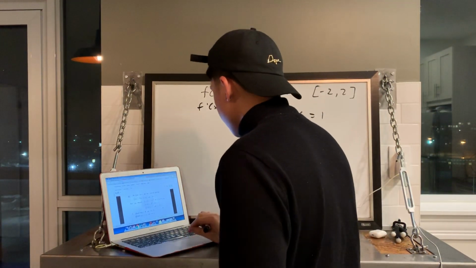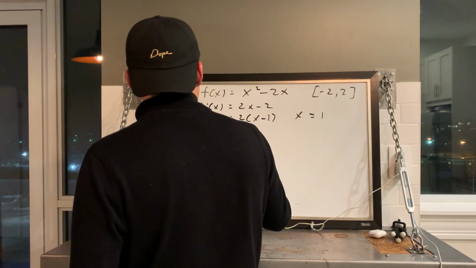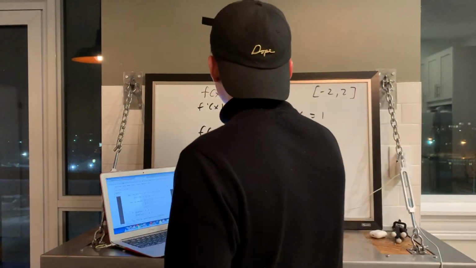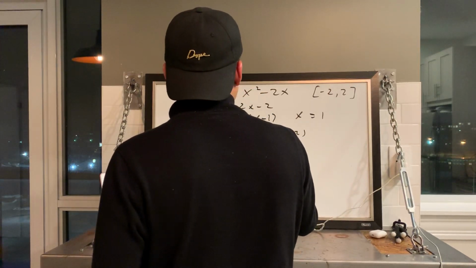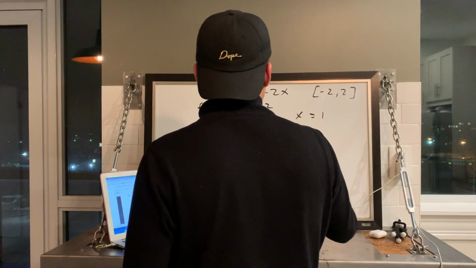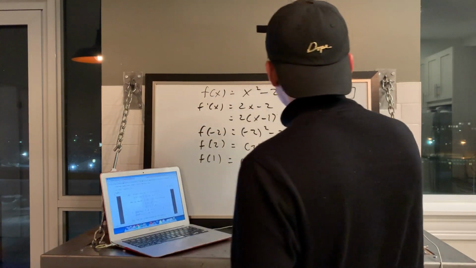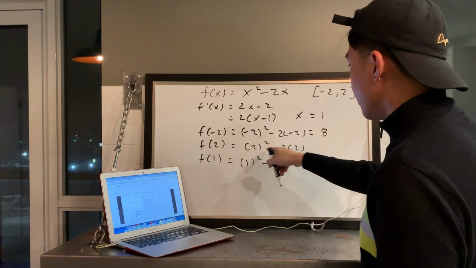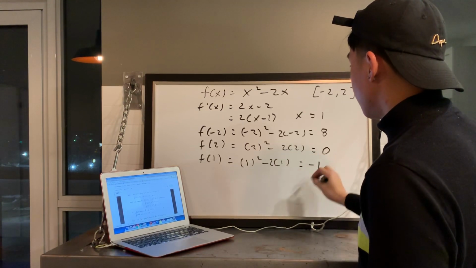So I test the endpoints, then test 1 in the function. I get 4 plus 4 is 8, 0, and -1.